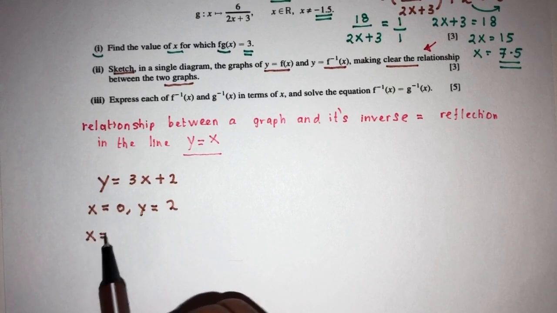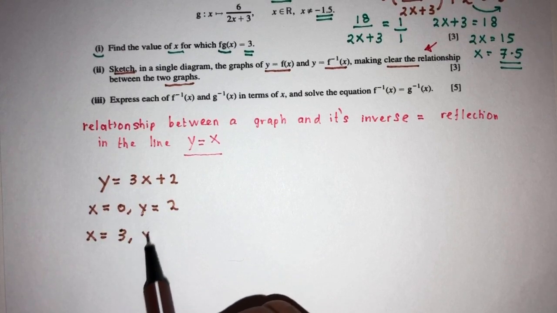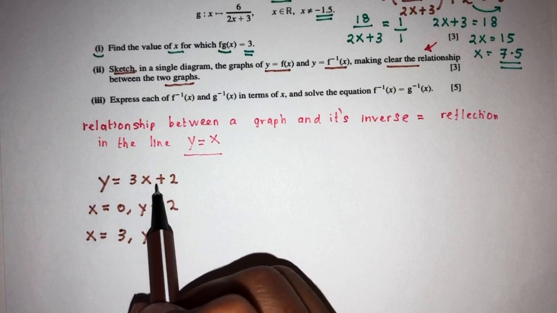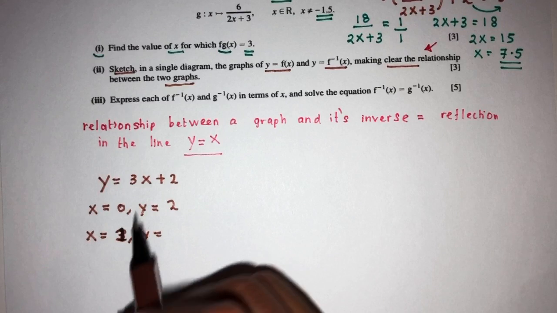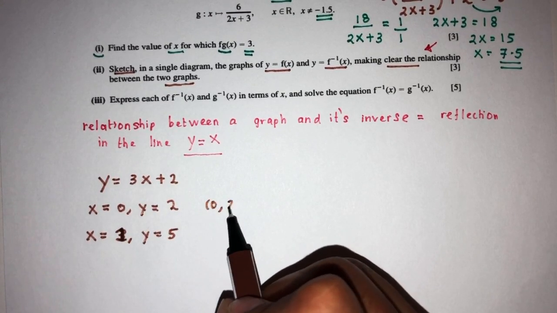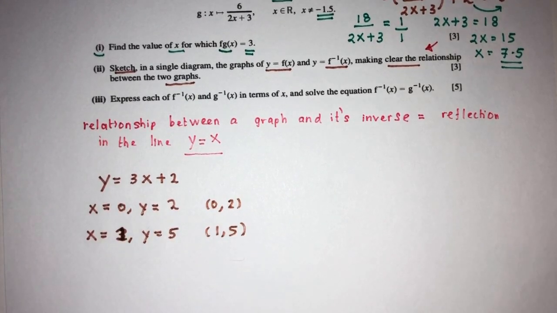If x equals 3, y will be, 3 times 3, that will be too much. Let me just find a simple value. Let's say x equal to 1: 3 times 1 is 3 plus 2 is 5. So with these simple values, we have the points (0, 2) and (1, 5) to use.